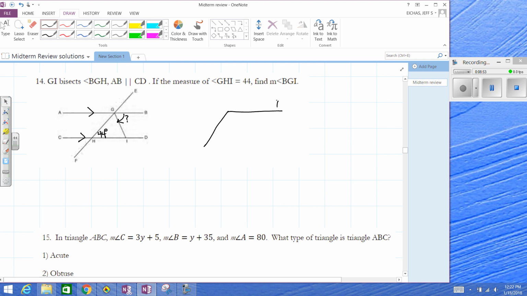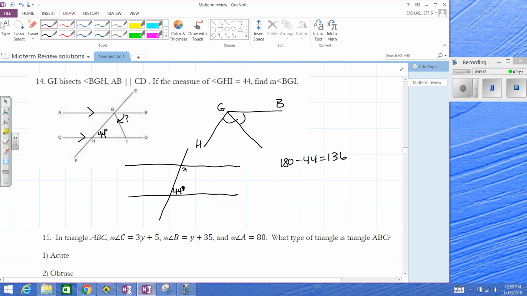What we've got going here is if we look at BGH, one thing that's happening is those two are the same. Interesting. Oh, okay, here's what we can use. If we focus on this, if we've got a 44 there, we can do 180 minus 44 to get 136.